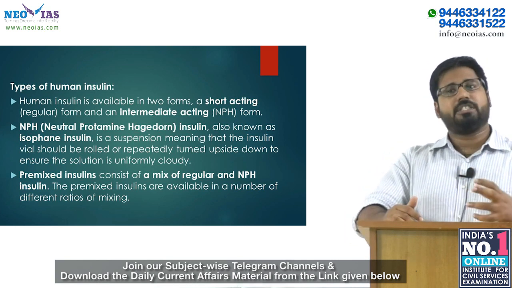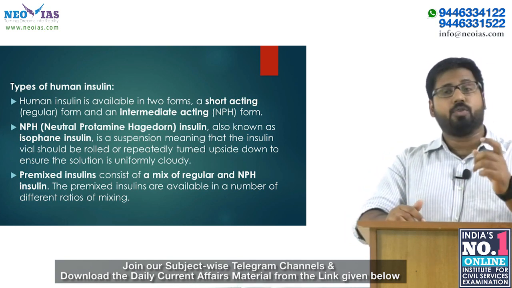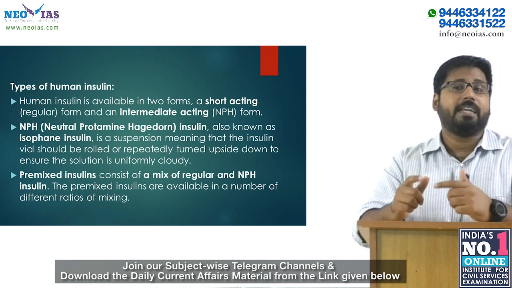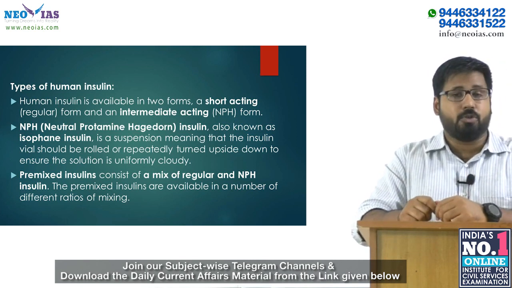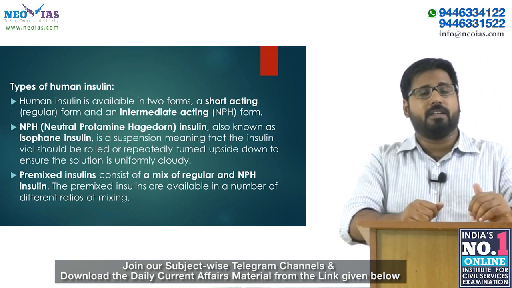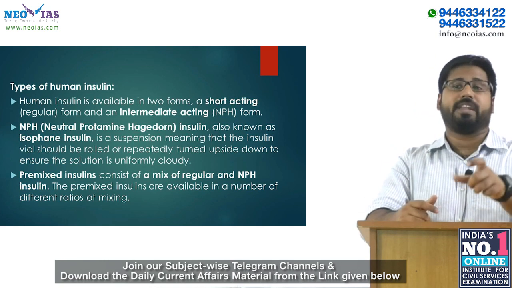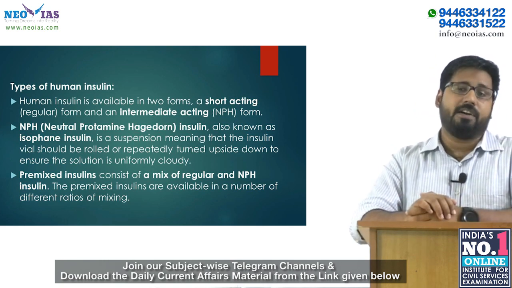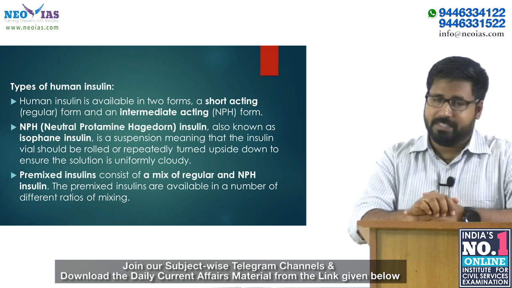Now it is a suspension, meaning that the insulin vial should be rolled or repeatedly turned upside down to ensure the solution is uniformly cloudy. Now we have premixed insulin, which consists of a mix of regular and NPH insulin. The premixed insulins are available in a number of different mixing ratios.